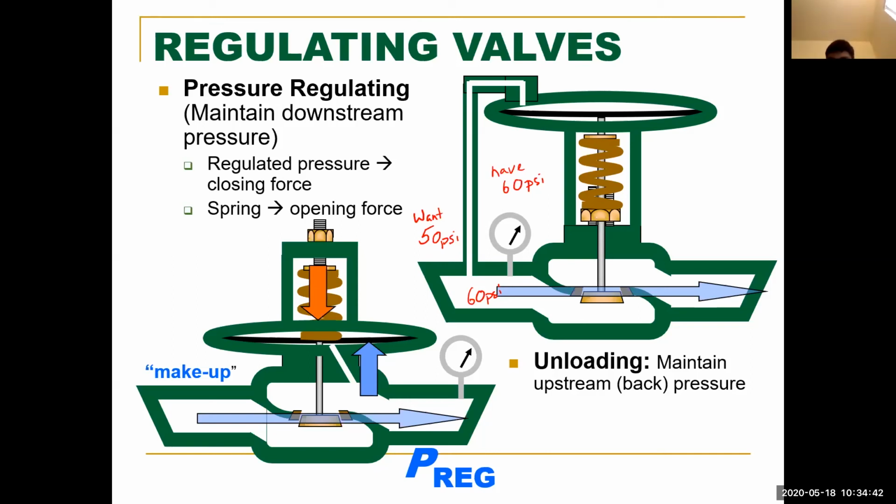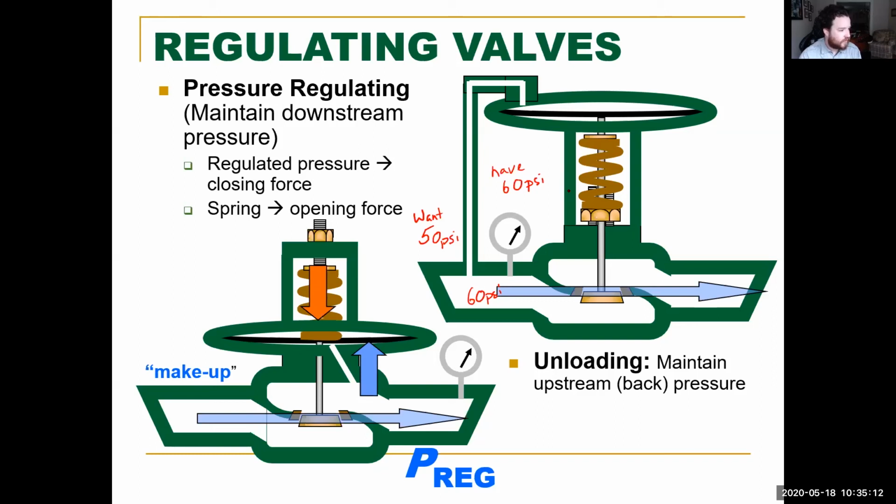So that's the first thing we already know. Just in this example, we want 50, we have 60, so we have too much of this. We know we have to open up this valve, so that helps us out there. And if we look at this seat, it's going to be opening when it's opposing the spring force.